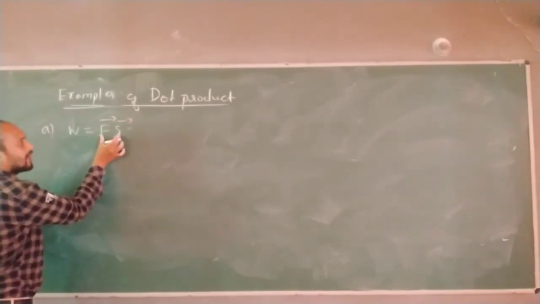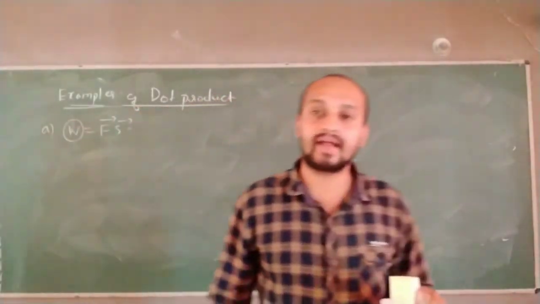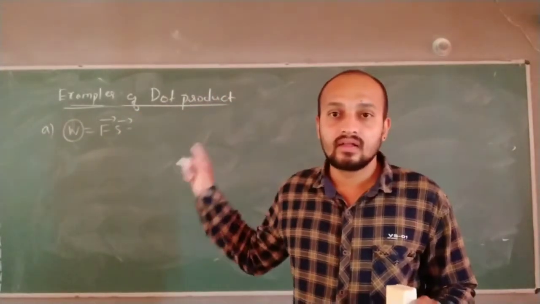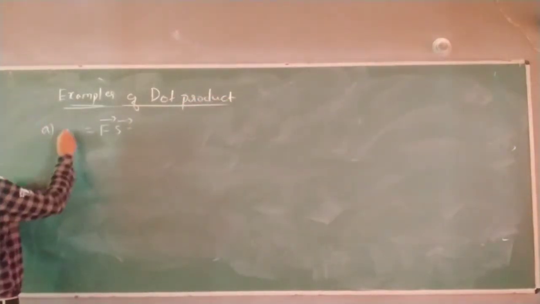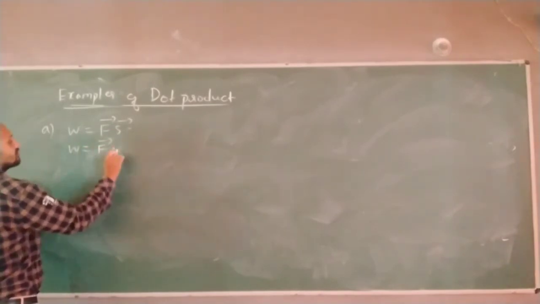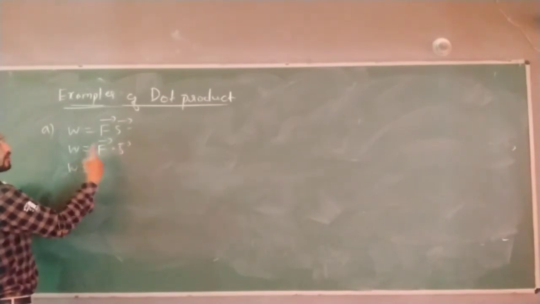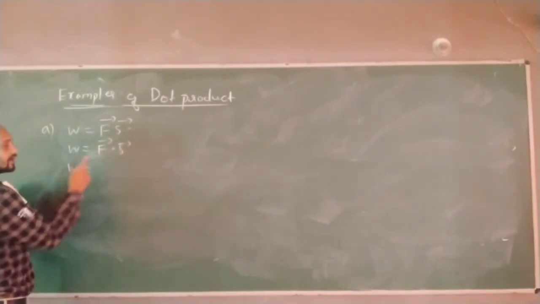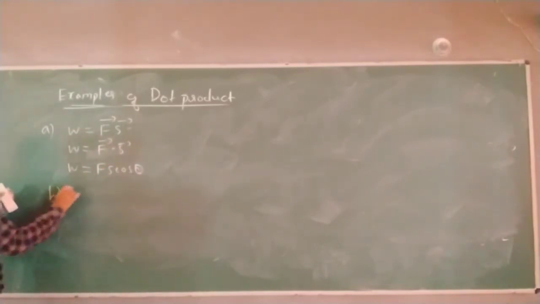If I am multiplying two vectors, the quantity I am getting is a scalar quantity. So 100% this product has to be a dot product. F dot S is the best example. Work done is a scalar quantity. I am making the product of two vectors and getting a scalar quantity. So this is the best example. Fs cos theta.